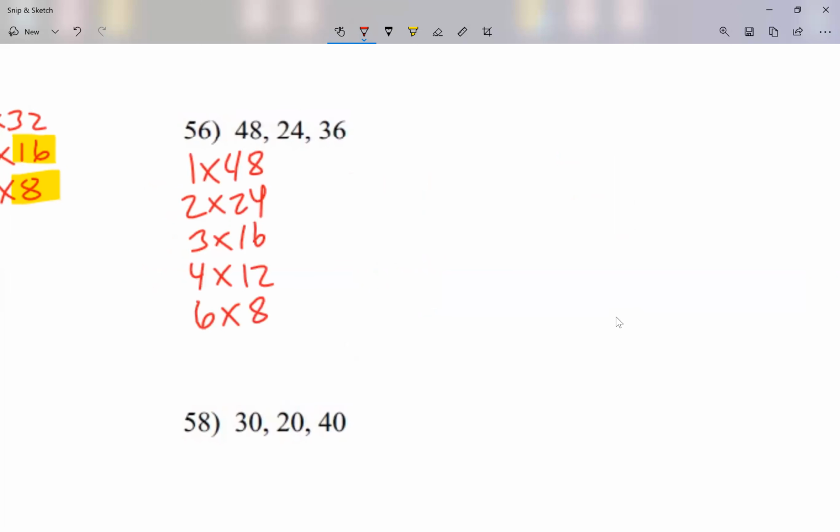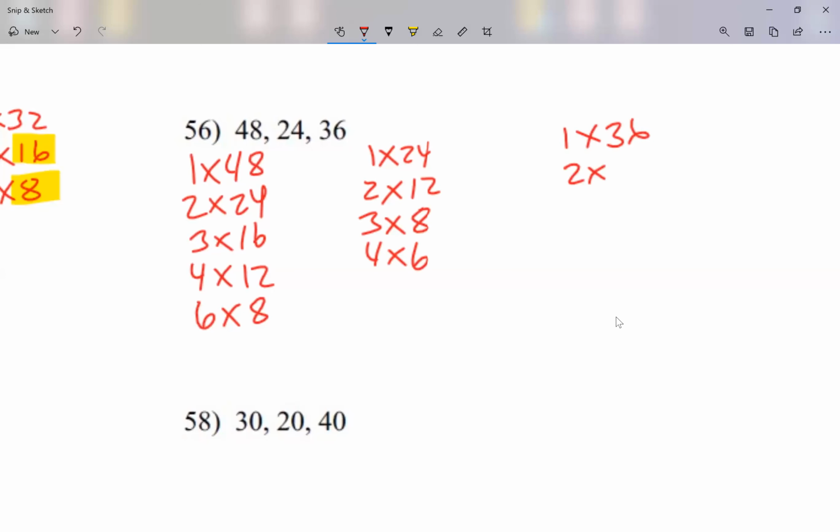My factors of 24 are 1 times 24, 2 times 12, 3 times 8, and 4 times 6. Now my factors of 36 are going to be 1 times 36, 2 times 18, 3 times 12, 4 times 9, and 6 times 6.